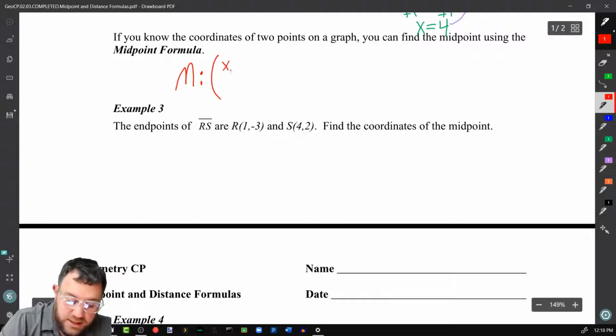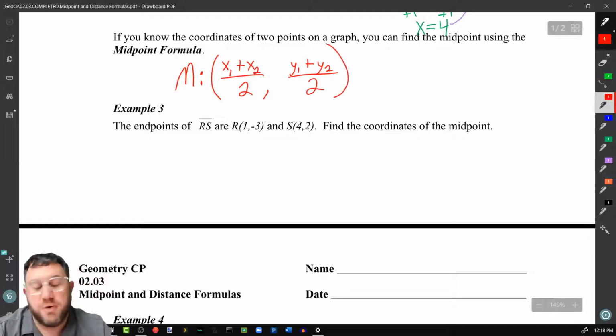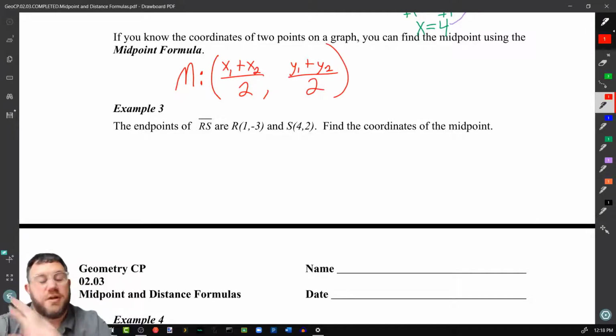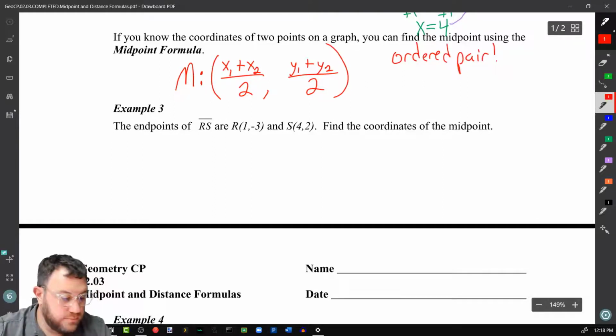So this would be (x1 plus x2) divided by 2, (y1 plus y2) divided by 2. For midpoints, it's always divided by 2, and it's always the x's together, the y's together. And there are parentheses around here because the answer needs to be an ordered pair.